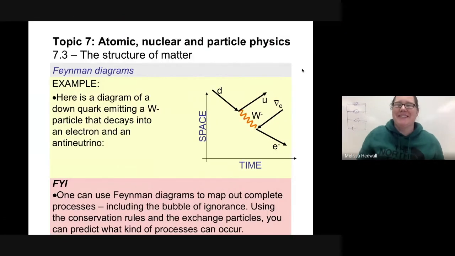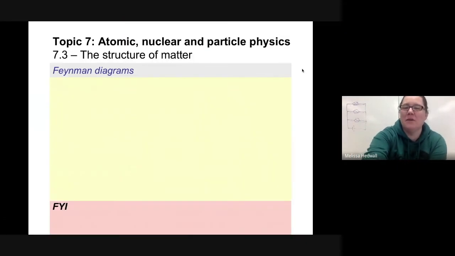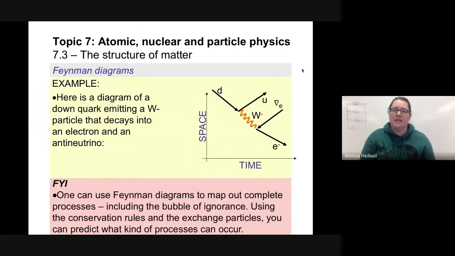There we go. So this is looking at just that single particle change on there. One later will show you the rest of that. In that, we have a W minus. That's our weak nuclear force. And so it goes from a down quark to an up quark that it has transitioned to.